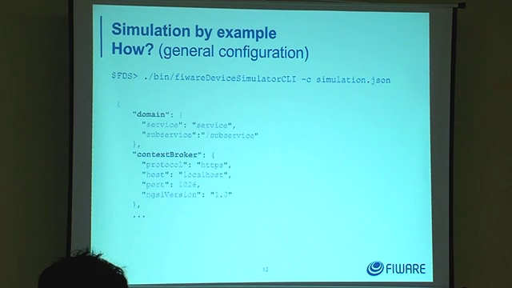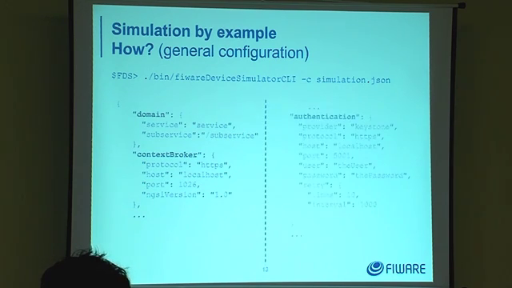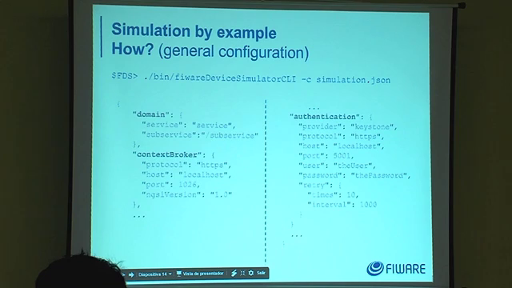Everything, once again, is done by the simulator in the background, but you can also provide the authentication information. As you can see, we support two main providers. The Keystone one refers to the identity manager we use in the Telefonica platform, but you can also use the FIWARE Lab as a provider.